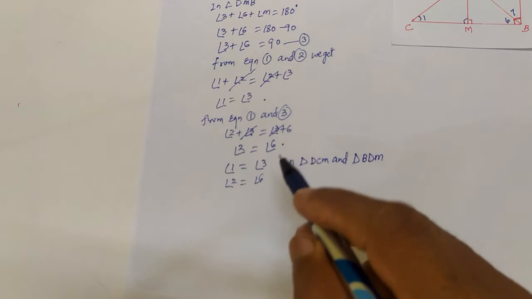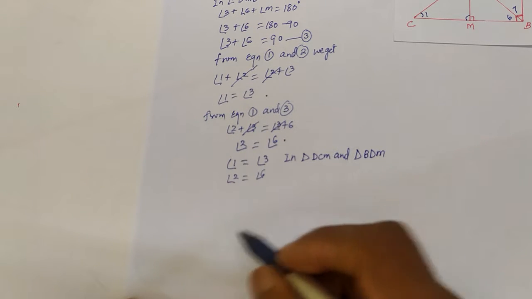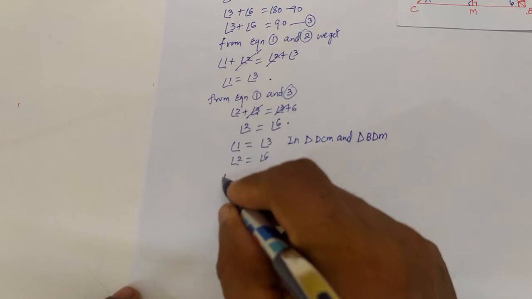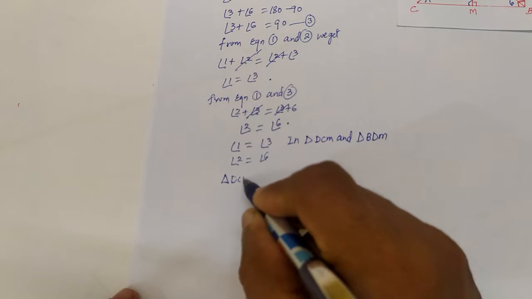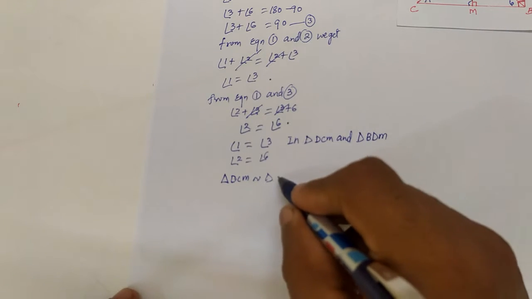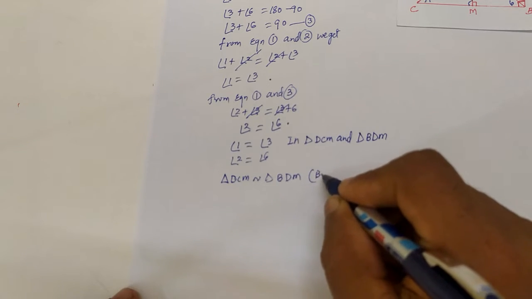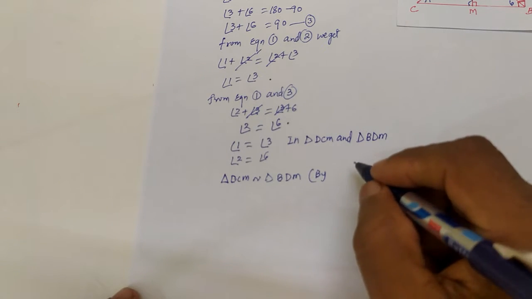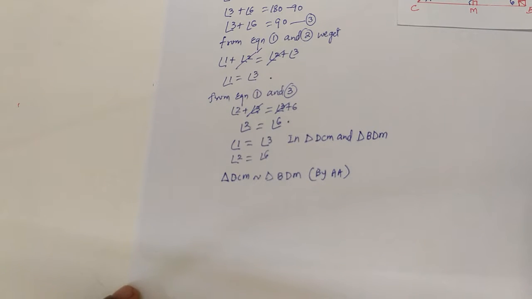By what? These are the two angles, so by AA, triangle DCM is similar to triangle BDM. How? By the corresponding angles rule.